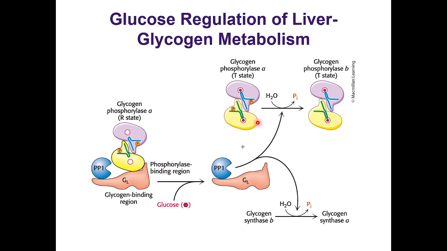And so what we're going to see here is we're going to get a split off. We'll get the PP1 and the GL here. And we're going to get the glycogen phosphorylase A. Now, notice that we still have the phosphates on here, don't we? And so this is the T state, which is favored by the binding of your glucose. But if we hydrolyze those phosphates, we can get the B state, the phosphorylase B, that's in the T state still.